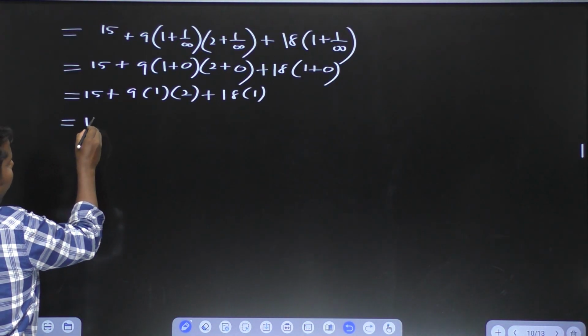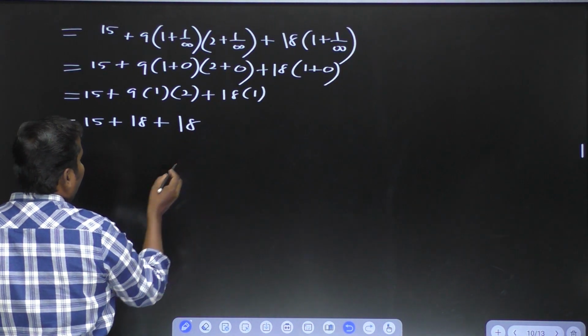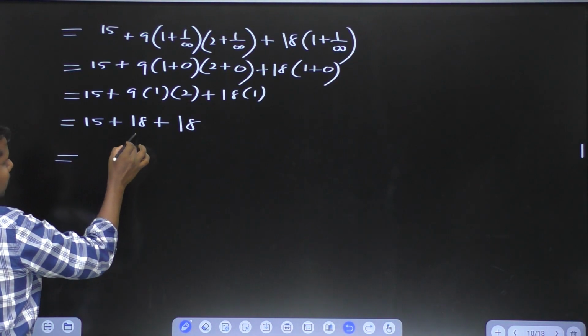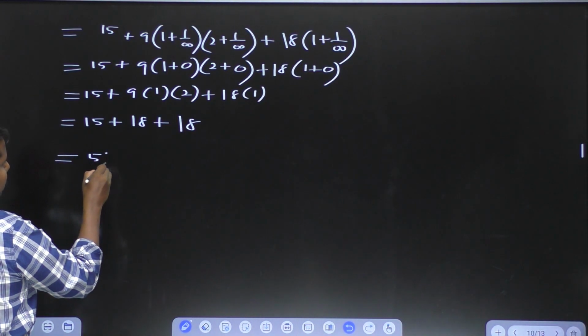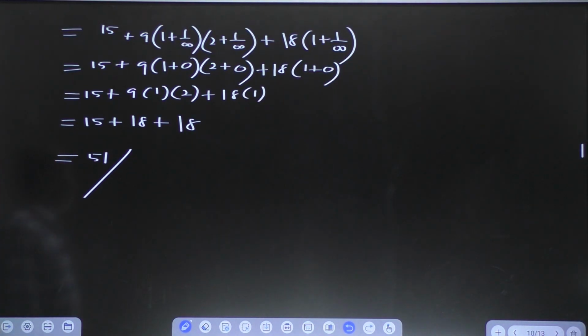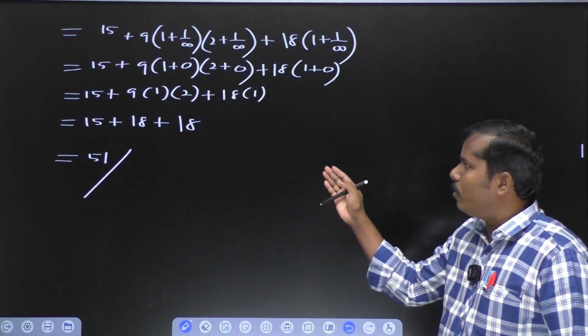So which is nothing but 15 plus 9 2s are 18, 18 1s are 18. What is the sum of these numbers? 18 plus 18 is 36, 36 plus 15 is 51. So students, eventually the answer for the given definite integral is 51.